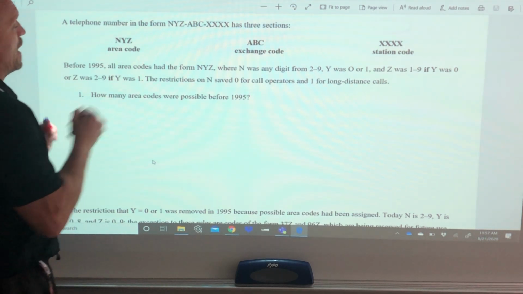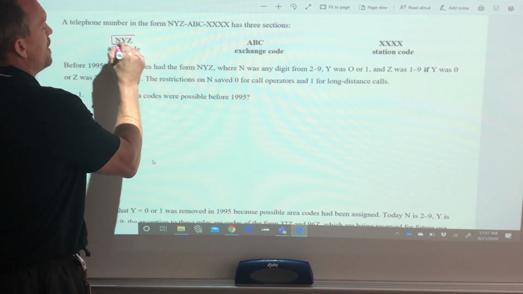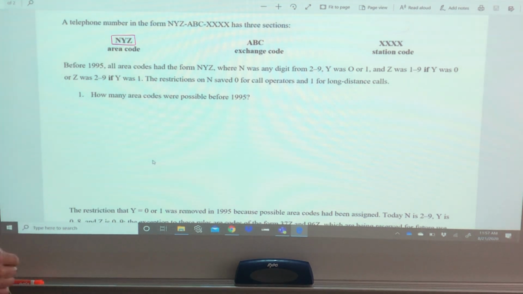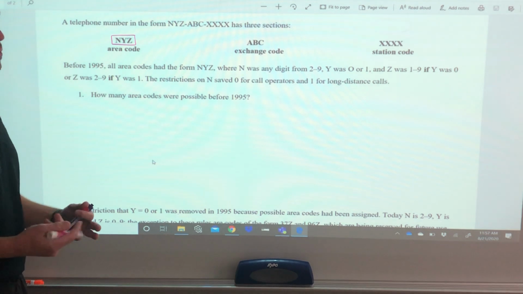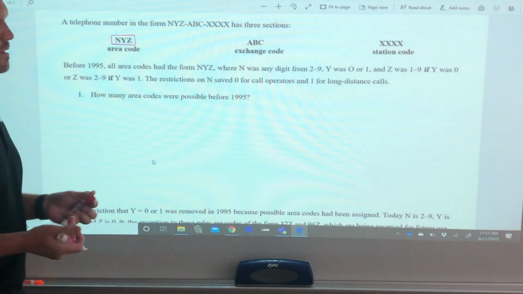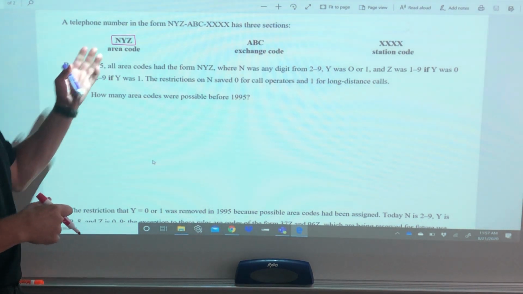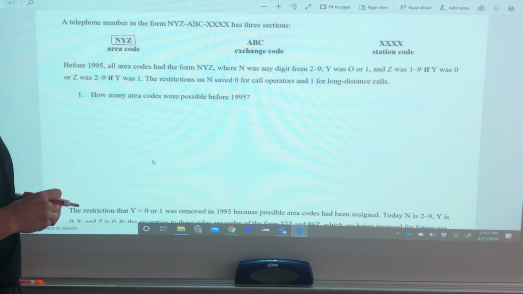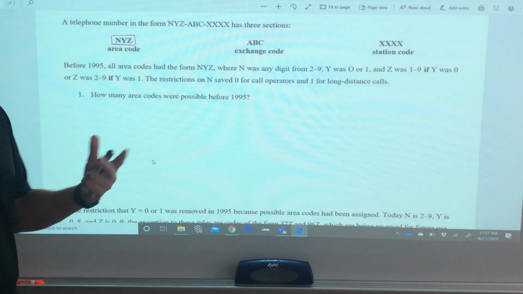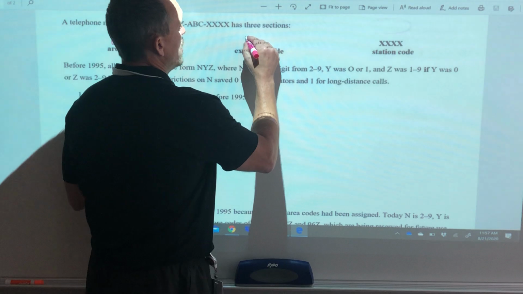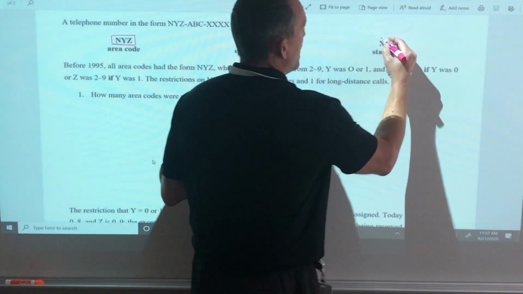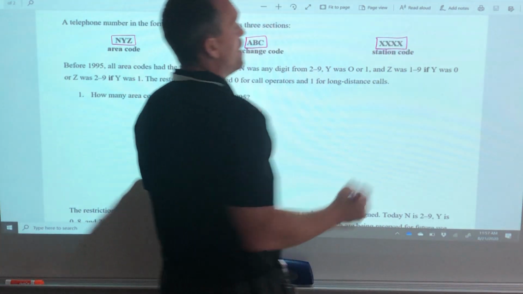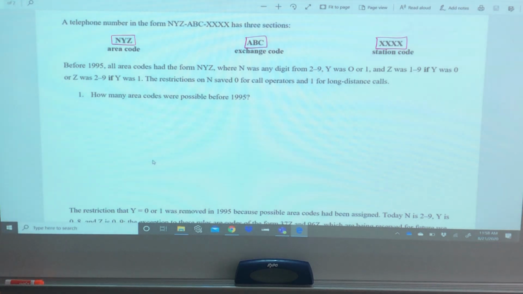All right, so we have the area code, and that's going to be labeled as NYZ. In mathematics, you'll know that there rarely exist any more numbers. A lot of things are just letters at that point because they're all variables. They can all be changed. The exchange code is going to be ABC, and the station code will be XXXX.